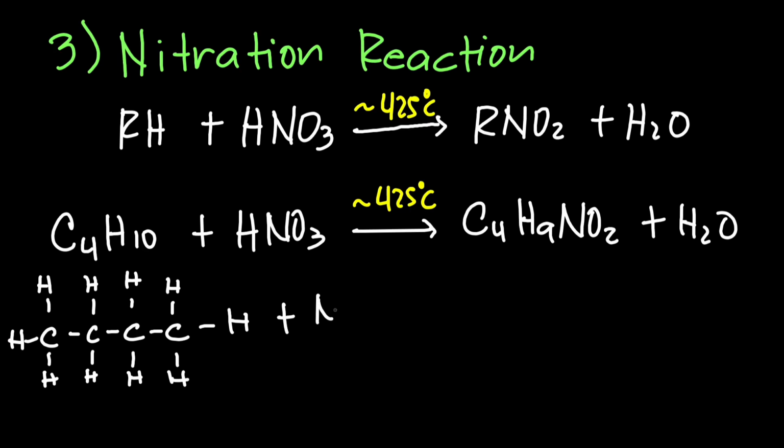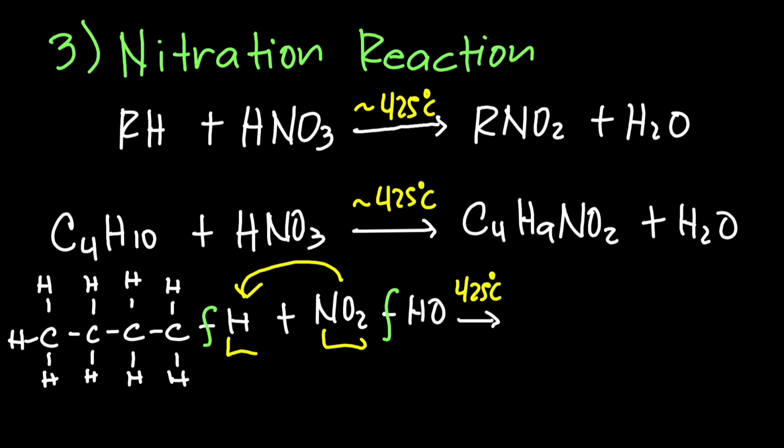We have NO2 dash HO under the presence of 425 degrees Celsius. The NO2 dash HO bond here would break, and the C-H bond here would break. And once again, NO2 would replace the H here, and the H that is replaced would react with HO, which leaves you with something like this.